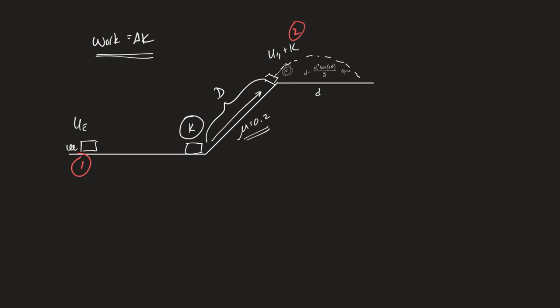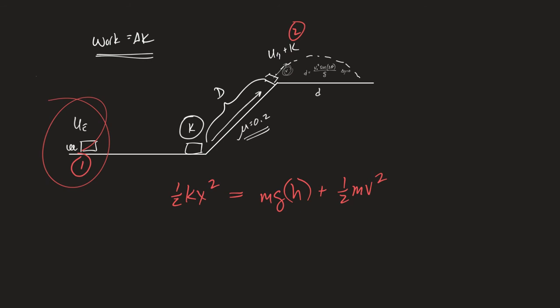No energy lost between when it's launched here and makes it to the ramp. So start here, 1/2 kx squared. Set that equal to mgh, got to figure out what h is, how high it is, plus 1/2 mv squared. However, I know these aren't equal. There was still work done by friction.